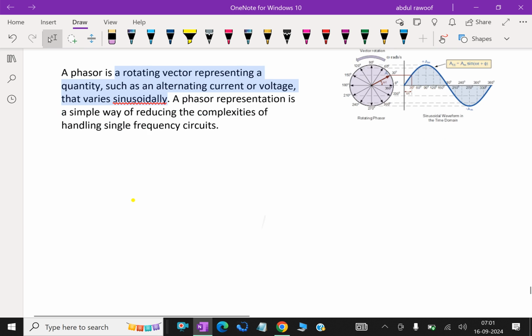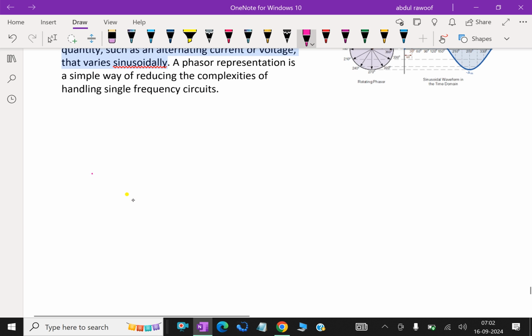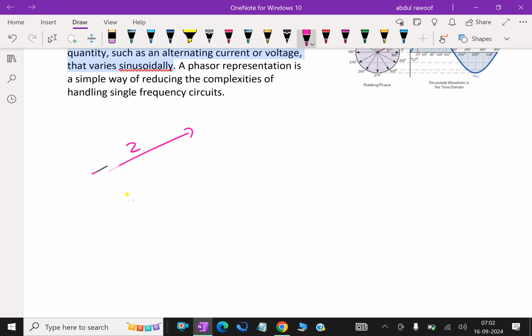Here, look at here. This is the Z vector. This is the R vector. Then this is XL minus XC, angle phi.